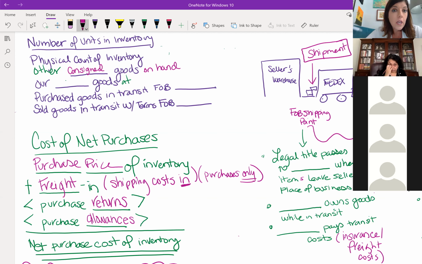So I can say, you can sell your goods in my store, but I'll take a little percentage if these items are sold, a consignment fee. We don't own those goods, even though they're on hand at our facility. The other company owns those goods. So we've included them in our complete physical count of inventory because they're on hand at our company, but we need to track them out because we don't actually own that inventory.